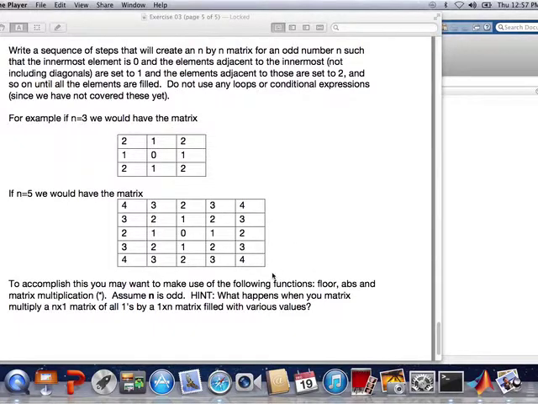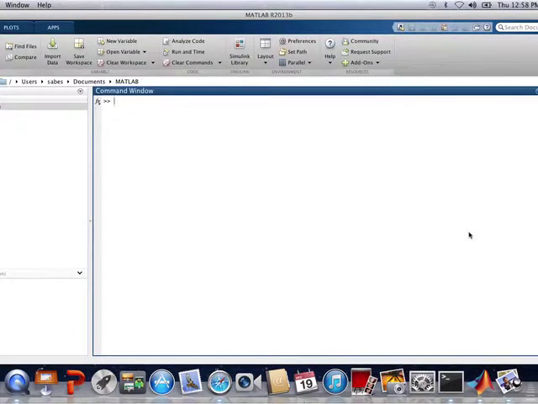Let's look at the hint. It suggests that we multiply an n by 1 matrix of all ones with a 1 by n matrix filled with various values. Let's choose n equal to 3 for keeping it simple, and let's have matrix A of all ones, a 3 by 1 matrix.